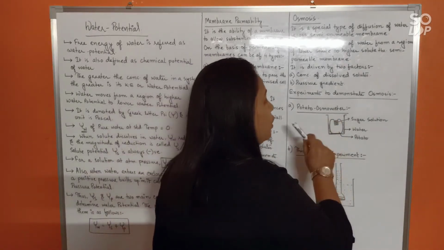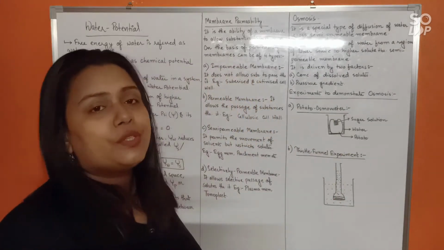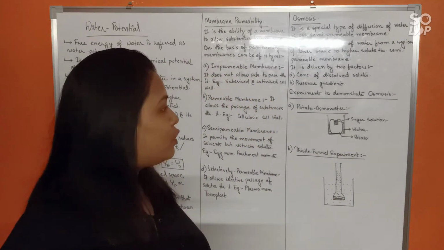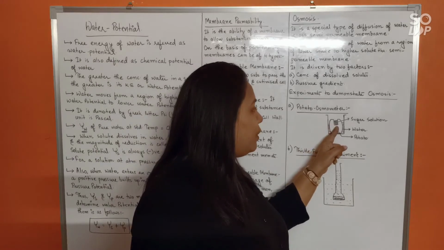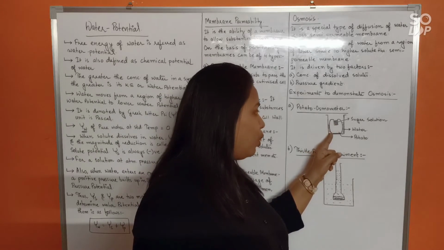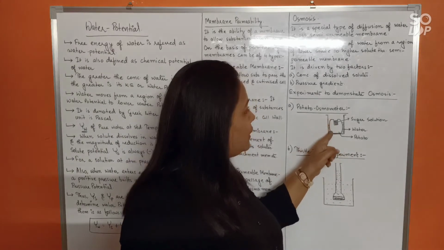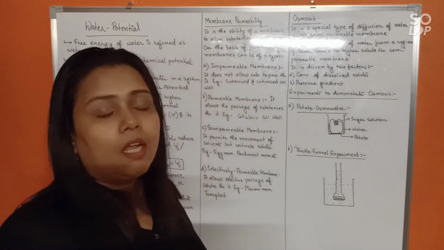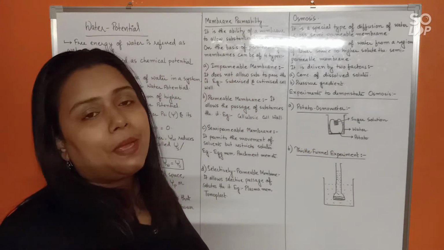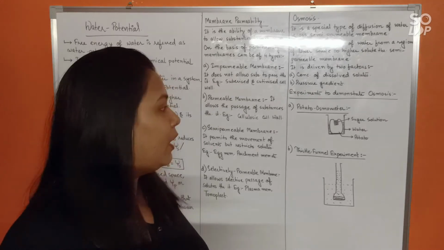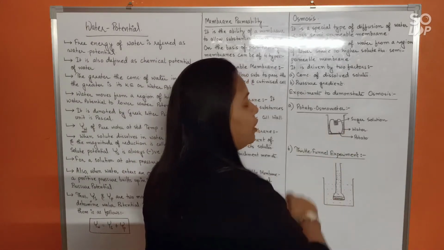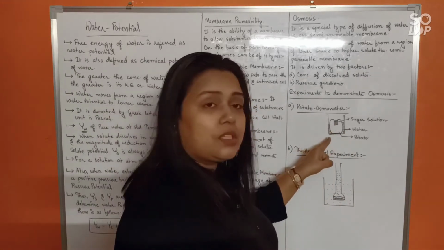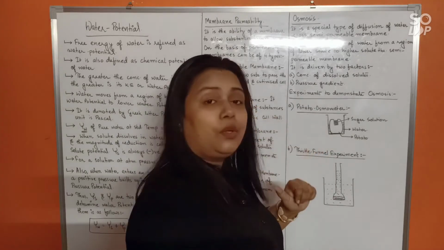In this pit, we will be filling sugar solution. So in that case, inside the potato there is sugar solution, outside there is water, and finally the lateral sides of the potato have been peeled so that it can allow the passage of water.